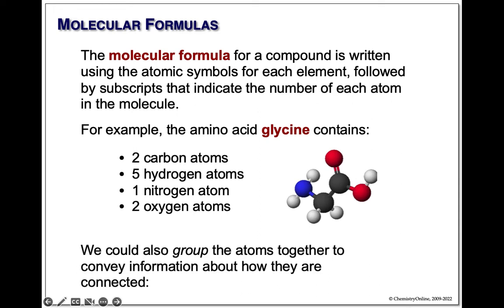Say we have a nitrogen that's attached to 2 hydrogens, H2N. That's attached to a carbon that has 2 hydrogens, CH2. And that's attached to a group with a carbon, 2 oxygens, and a hydrogen, COOH.